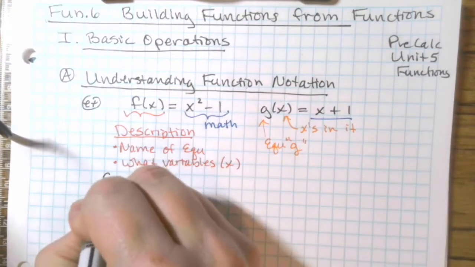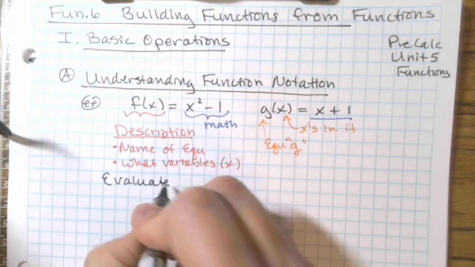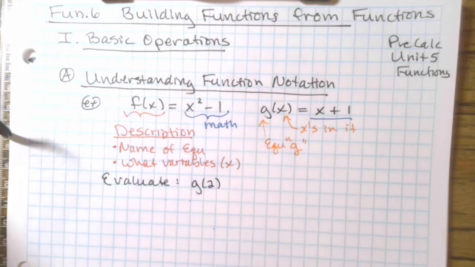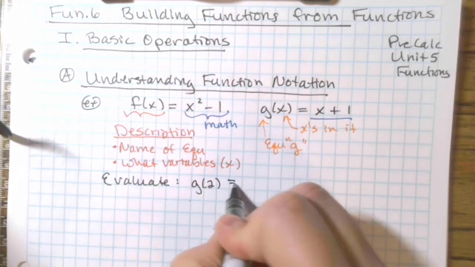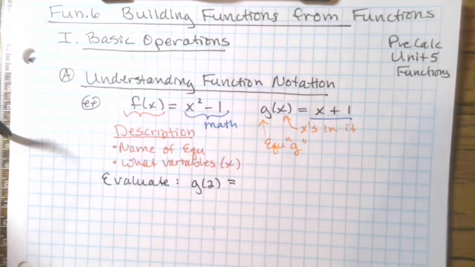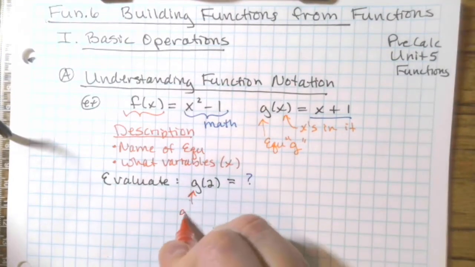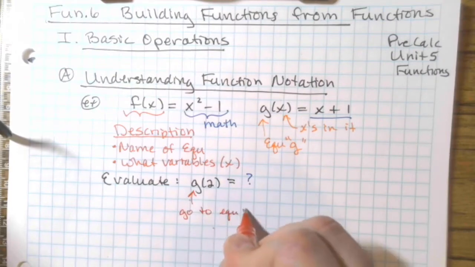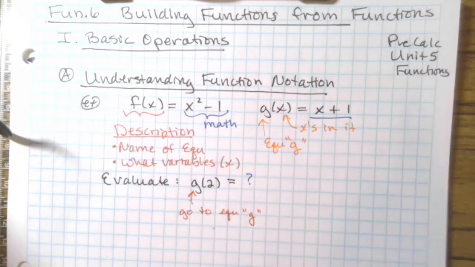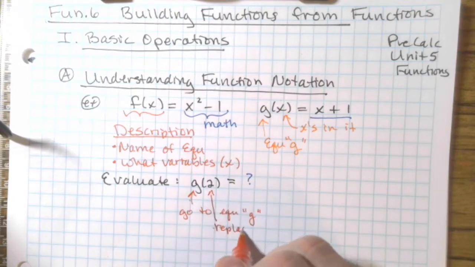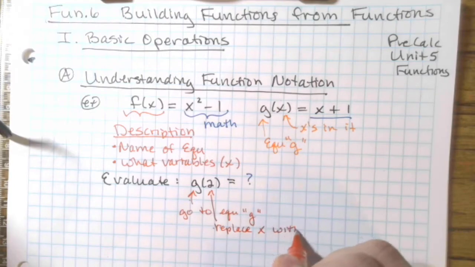When you evaluate a function, the notation would be something like g of 2 equals. In this case, it's an implied question. It tells you to go to the equation called g, and then the 2 says replace x with 2, and then simplify.